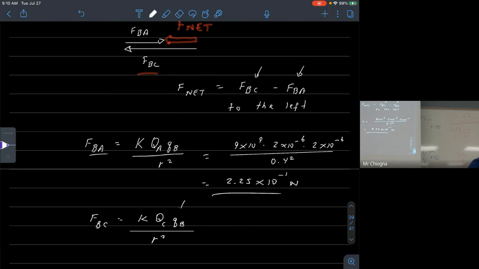Later on, you'll see why I used a lowercase for the center charge. You don't have to do this, but there's a reason for it. It'll help you understand what's coming next. So QC is 3.